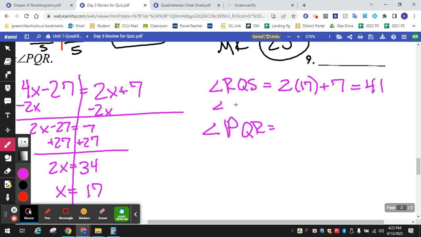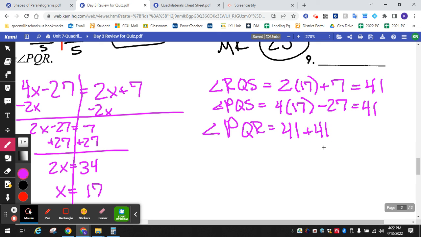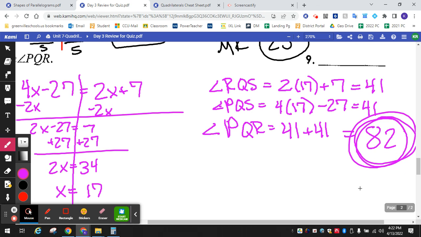And then the other one is P to Q to S. Oh, that's different. That's R, that's P. And that's 4 times x, which x is now 17, minus 27. And hooray, it also gives me 41. So we know we did our math, right? And then 41 plus 41, because it's both angles put together, is 82. So final answer, 82.